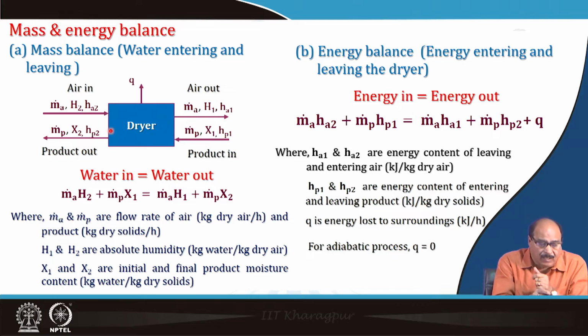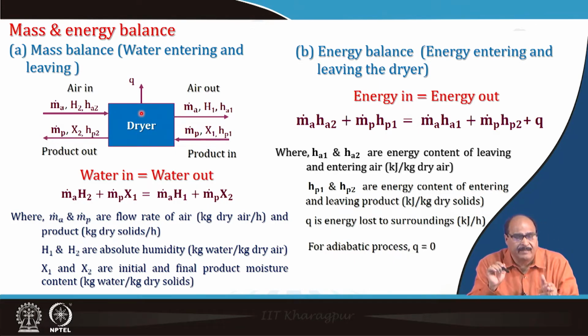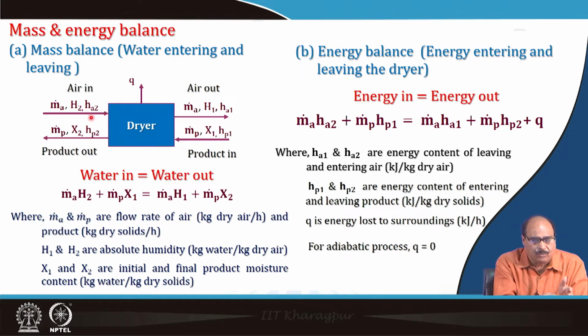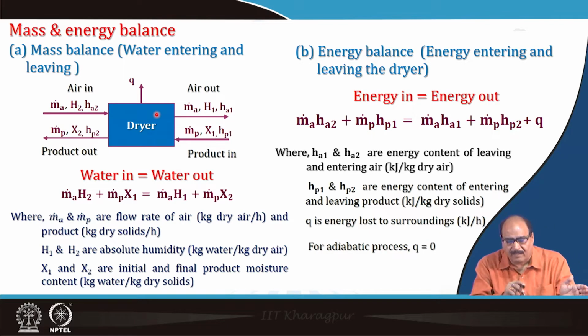So, if MA is the mass of the air entering the dryer, H2 is the absolute humidity of the air entering the dryer, and HA2 is the energy content of the air entering the dryer, and for air out, HA1 is the energy content of the air leaving the dryer.